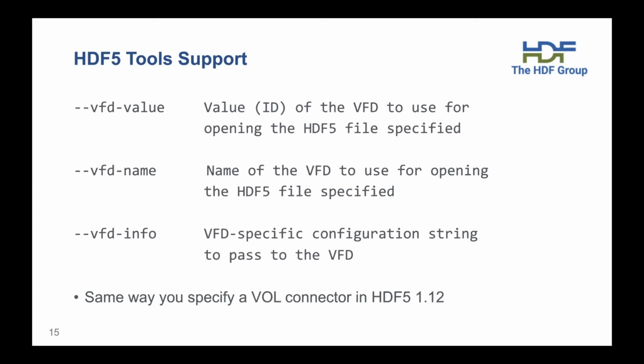Or you can use the VFD name option, which is just the name of the VFD to use. And then finally, we have this VFD info option where you can pass your configuration string to your VFD if you need one. Like I mentioned here, it basically works the same way as the options we added for vol connectors to the tools in the 1.12 release.